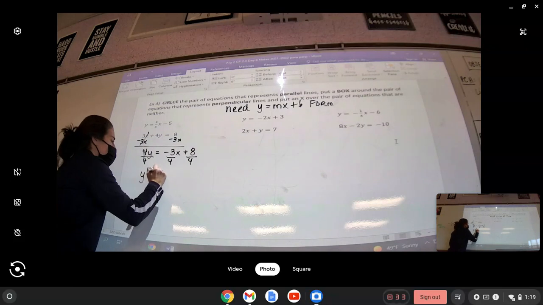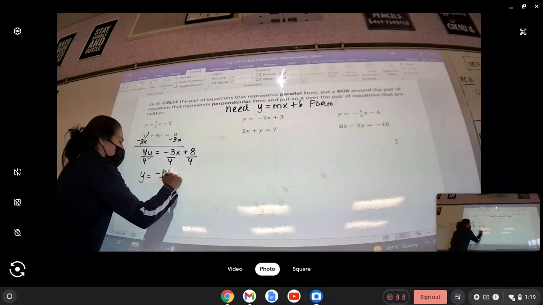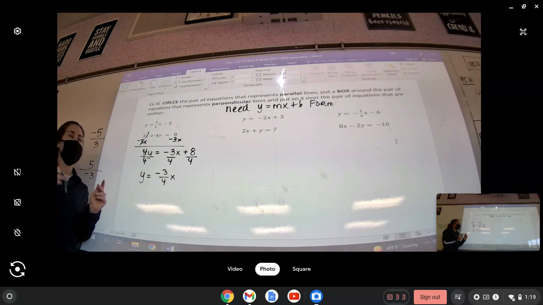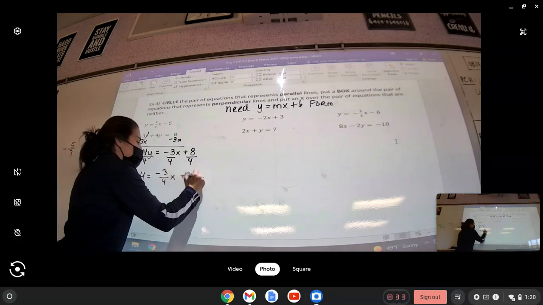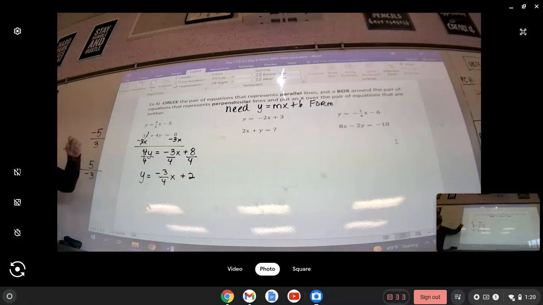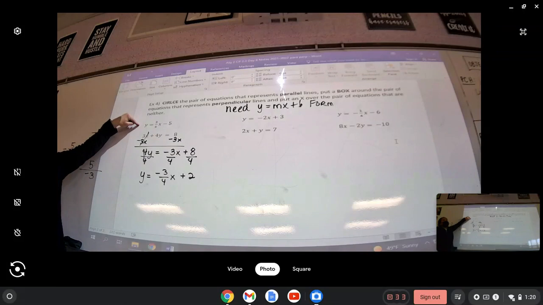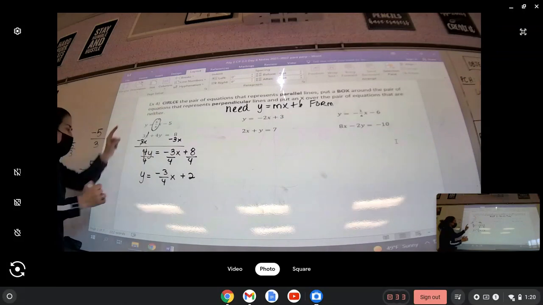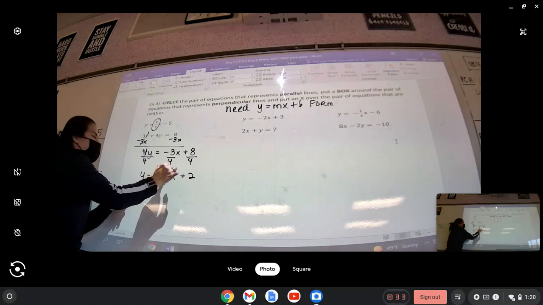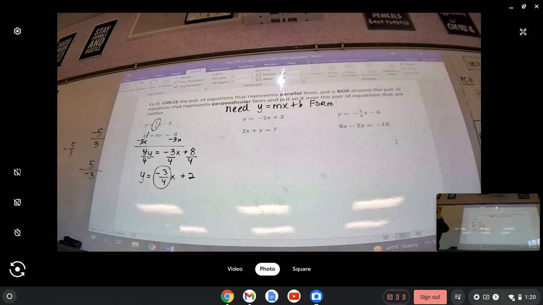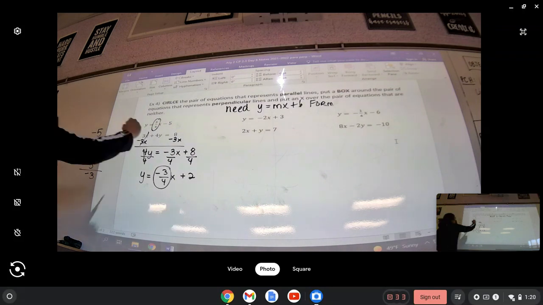So I get y equals negative 3/4 x, does not reduce, and then plus 2. All right, so what is the slope of the first line that we didn't even have to touch? 3/4. What's the slope of the line that we just found? They're clearly not parallel, they ain't the same. Are they opposite sign and reciprocal? So these are neither, put an X through.